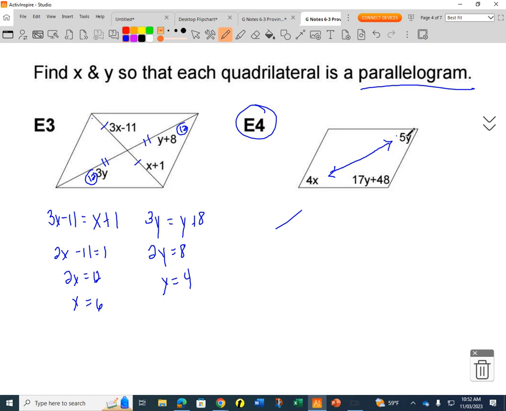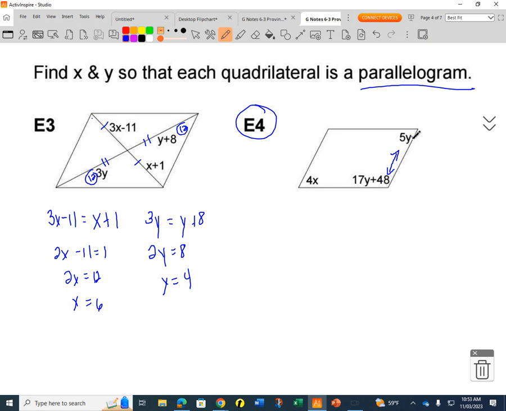We know if it's a parallelogram they're congruent, but I can't use those first anyway. So how about these angles? What kind of angles are these two angles? Tyron knows. What kind of angles are these two angles? Haley? They are consecutive interior angles.